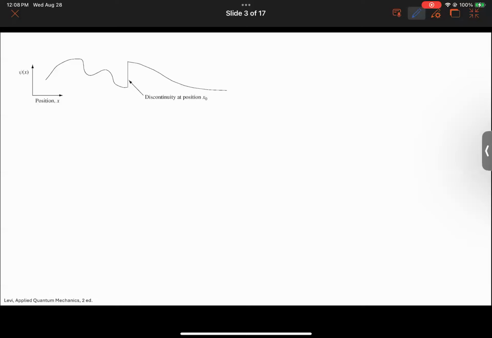Now, before we proceed with the discussion of the potential, tignan muna natin yung nature ng wave function. Dapat we impose na yung wave function, and yung kanyang derivative, must be continuous.